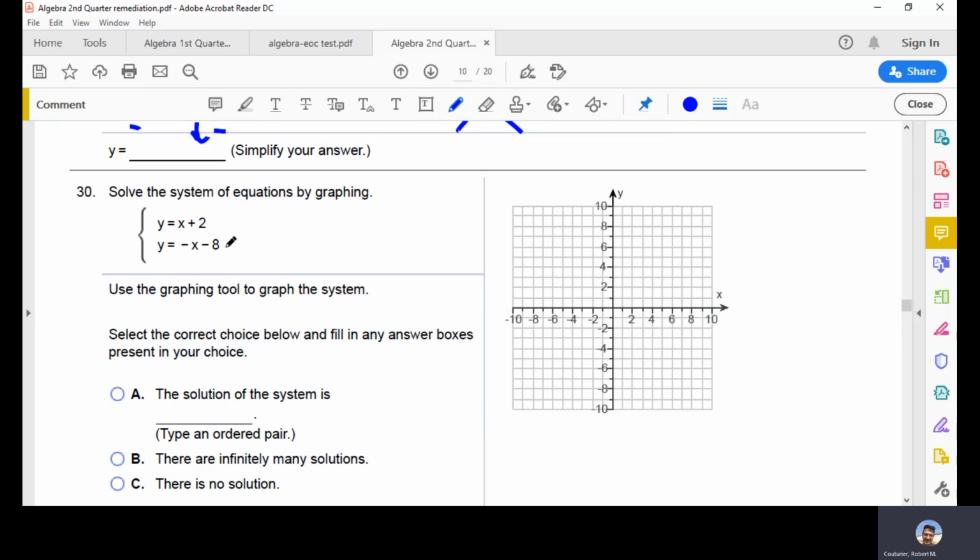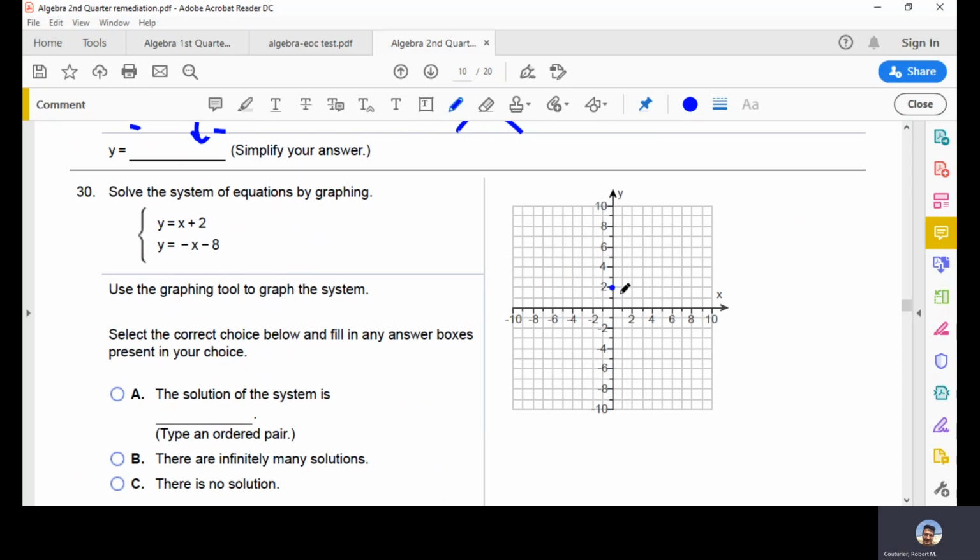We have two equations that are already in slope-intercept form. Y equals mx plus b. Y equals mx plus b. M in the first one is 1. It's that invisible math in front, 1. So we know our slope for the first one is 1. Our y-intercept is 2. So we come over here to the graph, put a dot on 2.